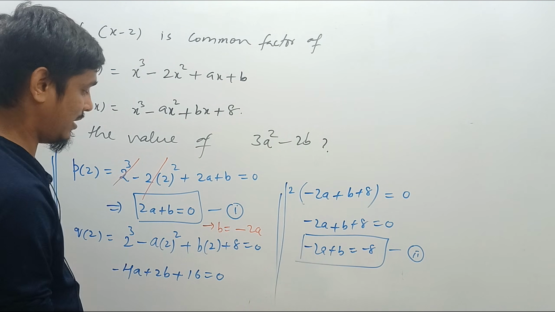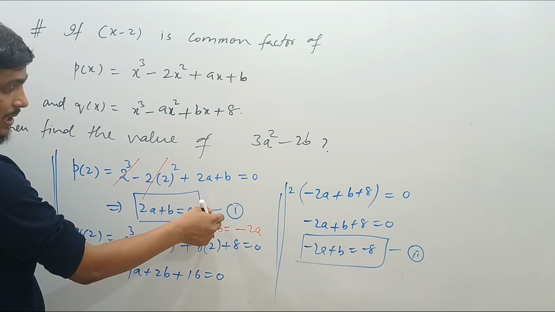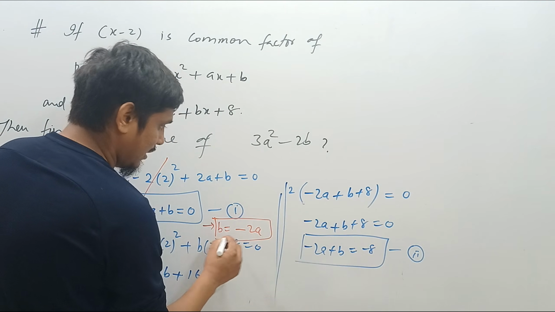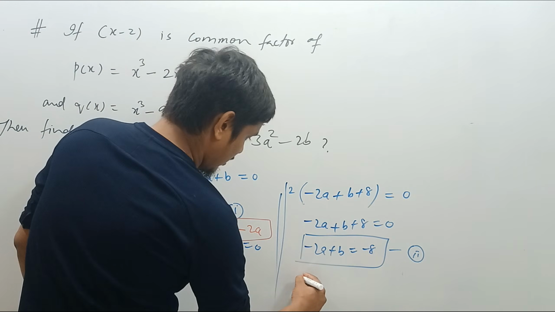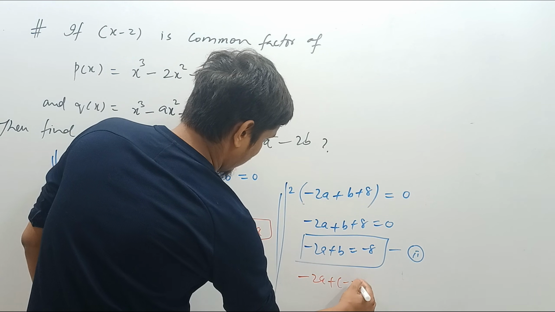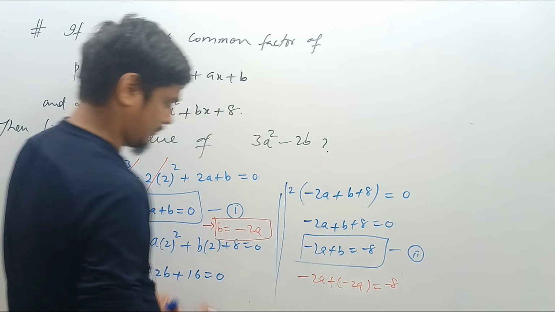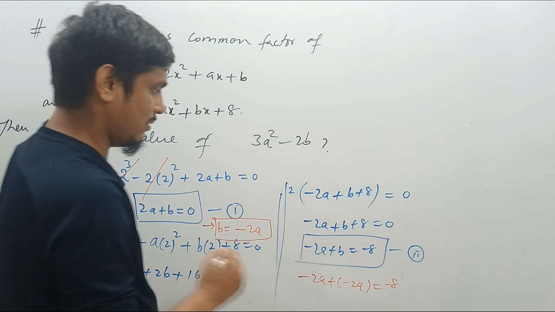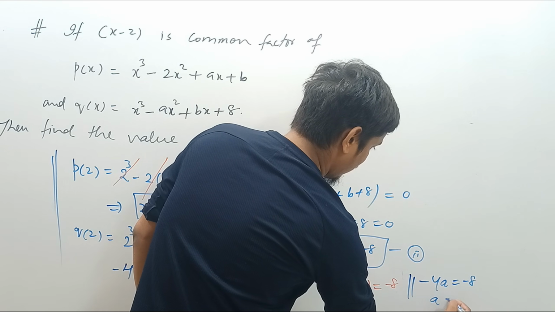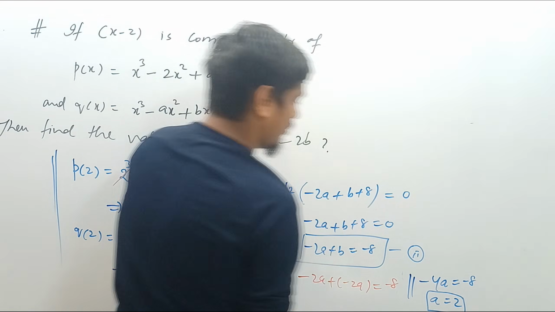If we are shifting to the right, it will go minus, 0 minus 2a is minus 2a. So this value of b we need to use in the second equation. So in place of b we put minus 2a. So minus 2a plus minus 2a is equal to minus 8. So minus 4a is equal to minus 8. So a is equal to 2. So the value of a is 2.